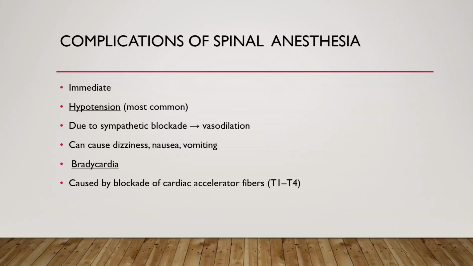Mild hypotension is beneficial in reducing blood loss. The treatment is prophylactic. Although preloading with 1 to 1.5 liters of crystalloid is still practiced by many anesthesiologists, it has not been proven to prevent hypotension and is therefore no longer recommended.